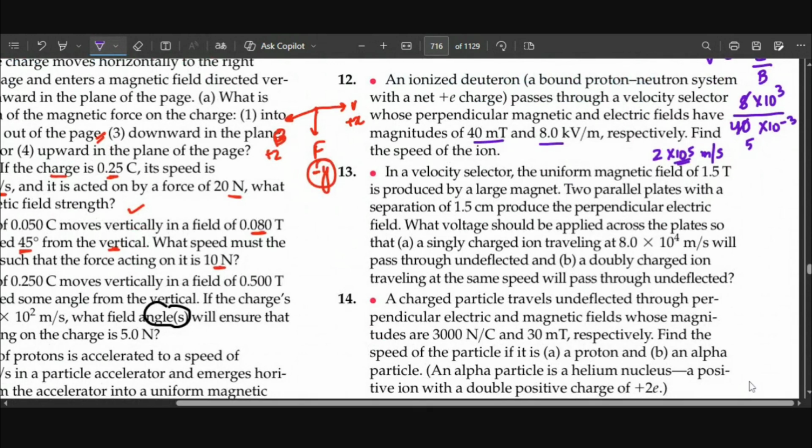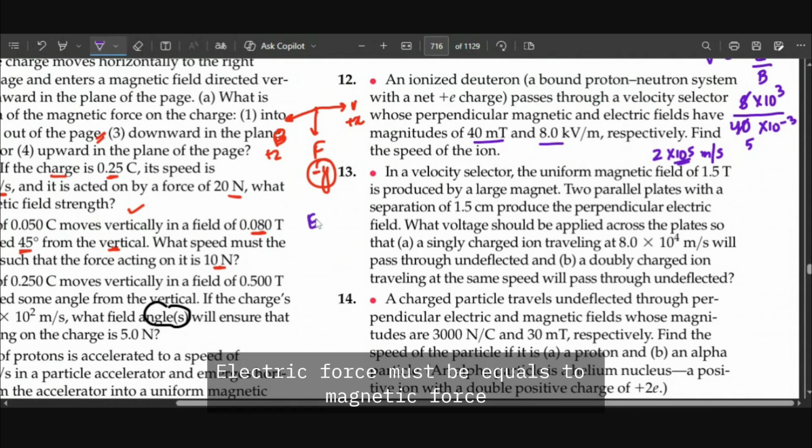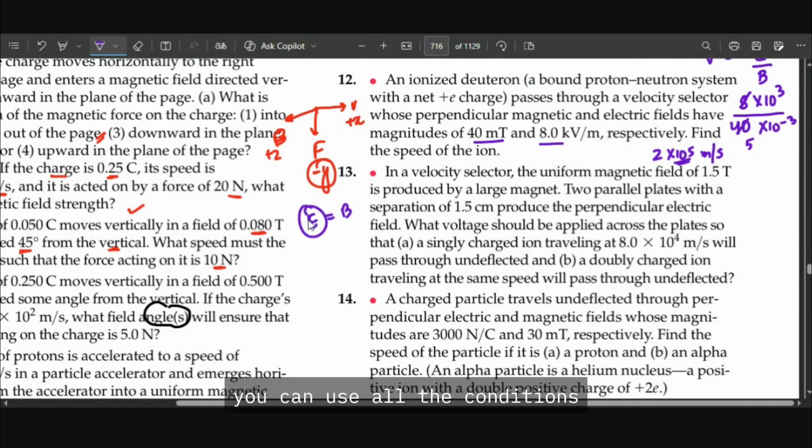Apart from this, you have to answer 13th as well. So this is again a simple question of velocity selector. Always remember the relation: electric force must be equal to magnetic force. If it is equal, you can use all the conditions, and this is something which is applied in velocity selector. What is electric force?